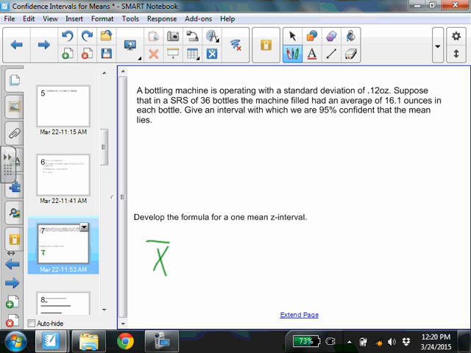So the sample mean plus or minus our margin of error, which is our z-score. Remember, our z-score comes from our level of confidence. It's determined by our level of confidence times the what?